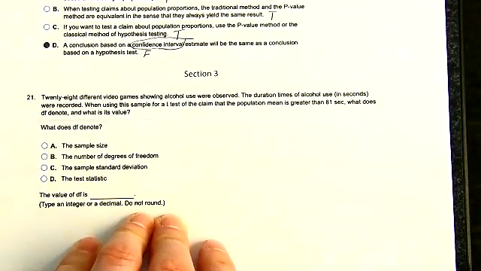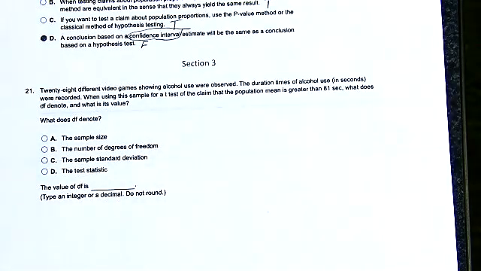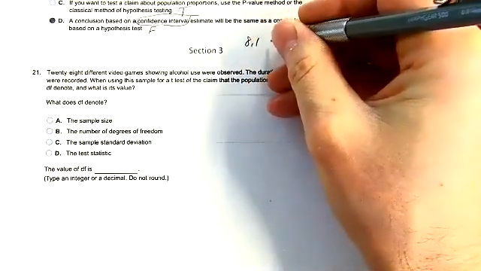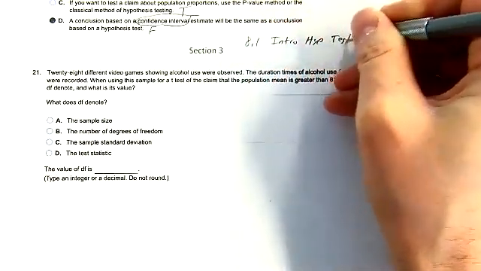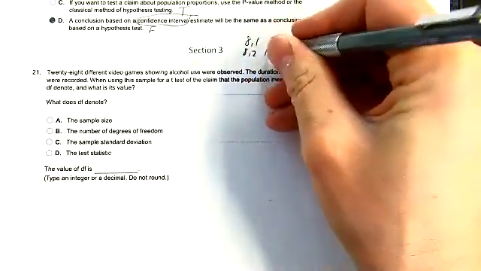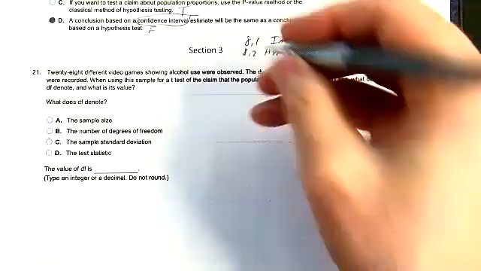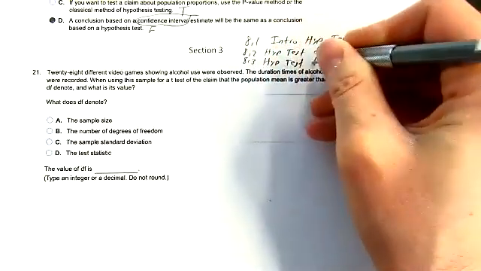In Statistics 1, Chapter 8, Section 3, we will continue our discussion of hypothesis testing. So here's what we've done. 8.1 was an intro to hypothesis testing. 8.2 was hypothesis testing for proportions, p's. 8.3 is hypothesis testing for means.